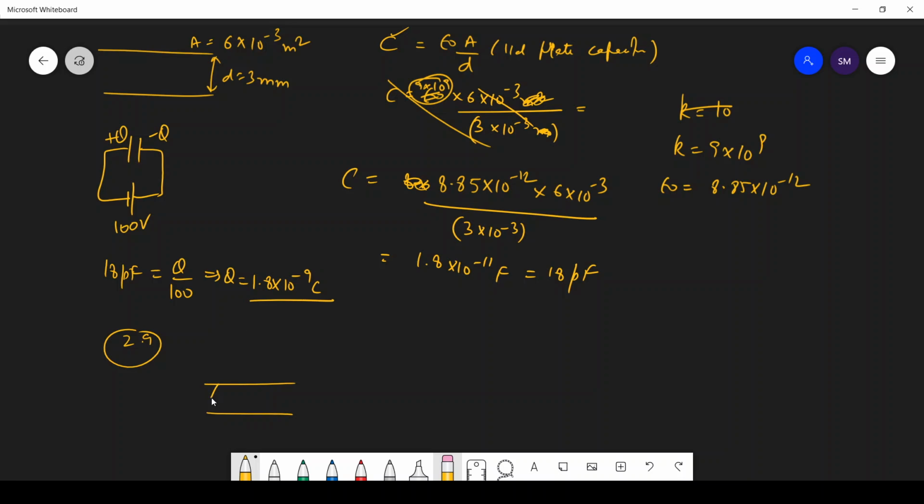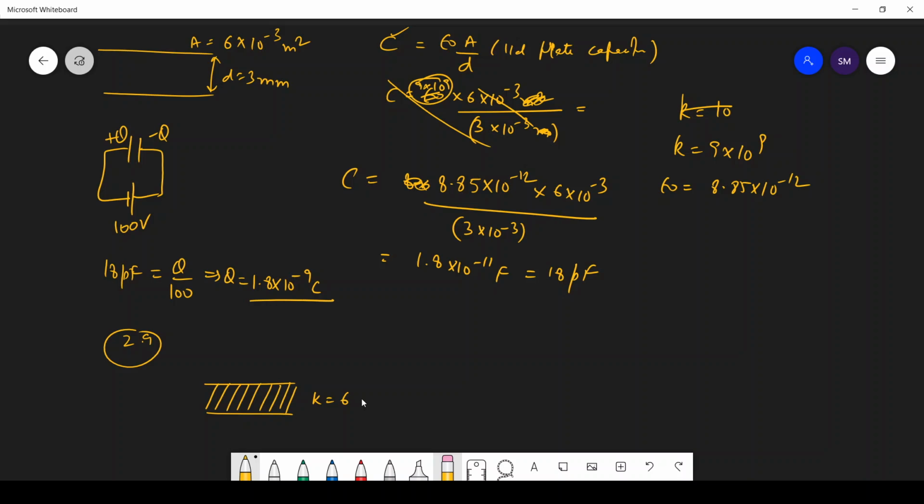So the whole gap of the capacitor is covered with the mica sheet, which is the dielectric material, and its dielectric constant is given as 6. So what would happen, you need to tell.